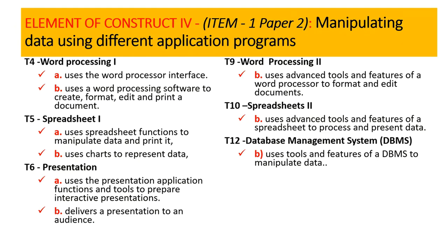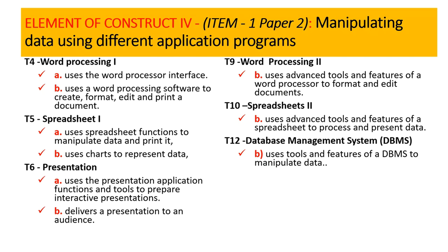So you need to remember that for item 1 of paper 2, you must have covered the following application programs. That is word processing 1 and 2, spreadsheet 1 and 2, presentation, and then database management system.